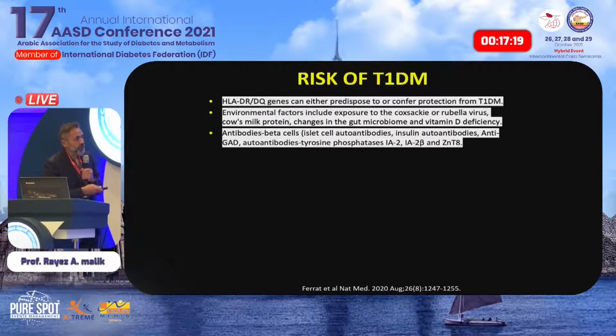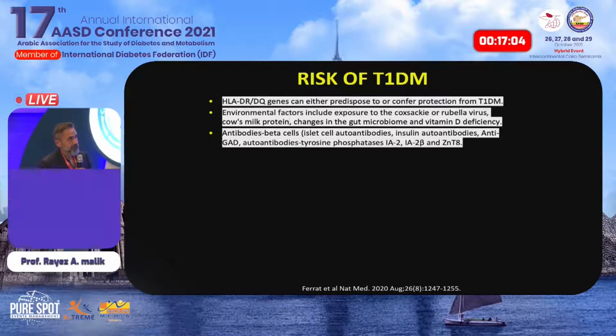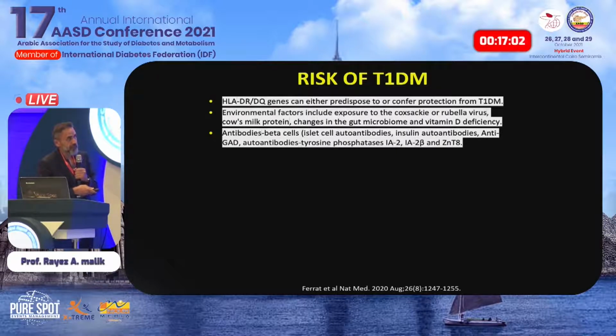And also, we are aware of a number of antibodies which are present against beta cells, which include islet cell autoantibodies, insulin autoantibodies, and of course anti-GAD, tyrosine phosphatase IA2, IA2 beta, and zinc transporter antibodies.